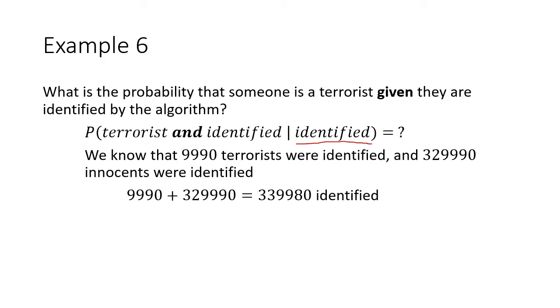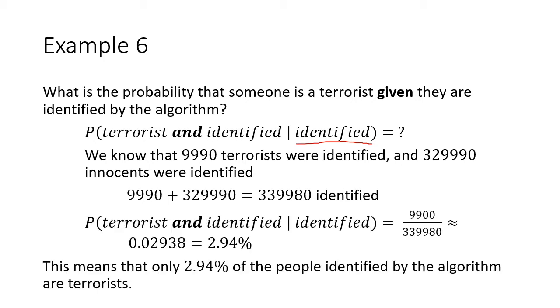Well, we know that they correctly identified 9,990 terrorists, and they incorrectly identified 329,990 innocent people, which means in total, the algorithm flagged 339,980 individuals. The Twitter algorithm that the intelligence agency used flagged 339,980 people.